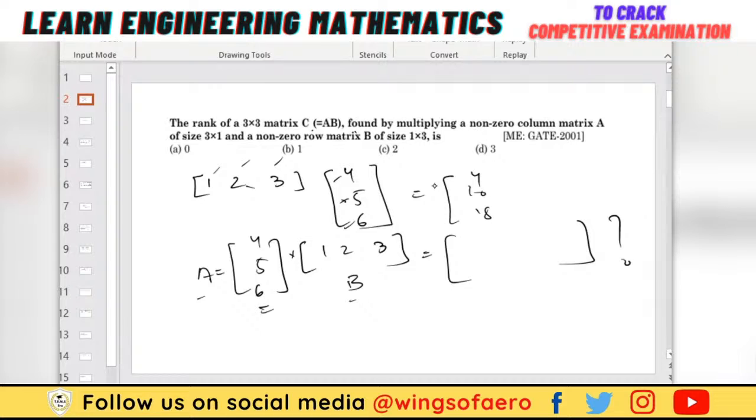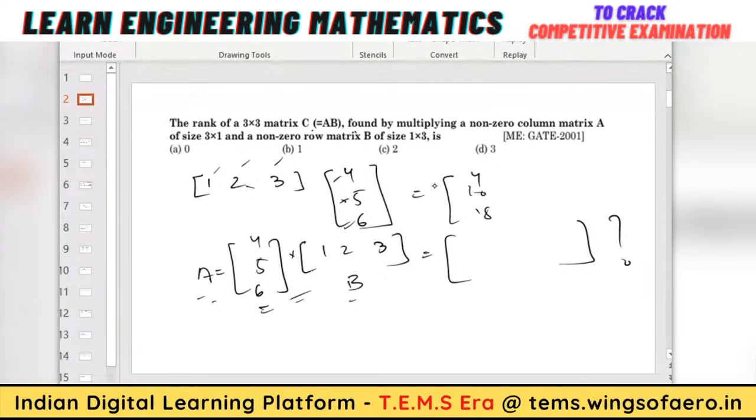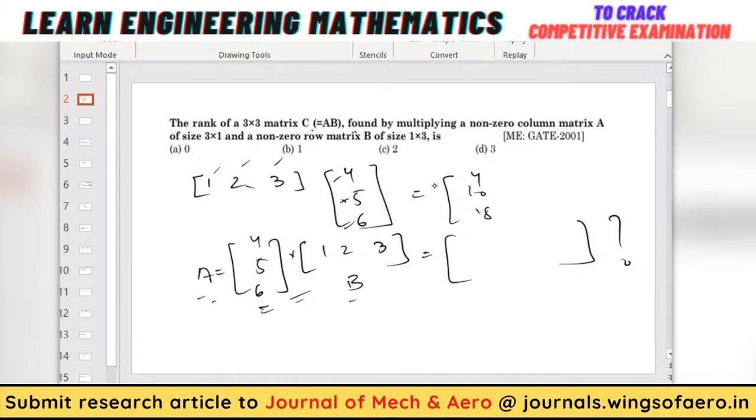It is a 3 cross 1 matrix and a 1 cross 3 matrix, so it should be a 3 by 3 matrix. Exactly. Can you tell me how to find the 3 cross 3 matrix?